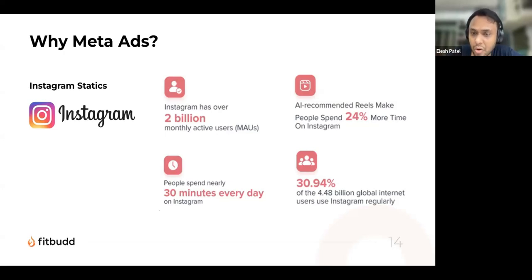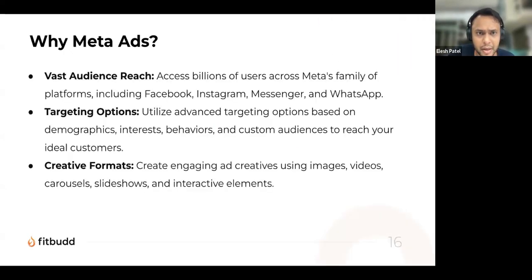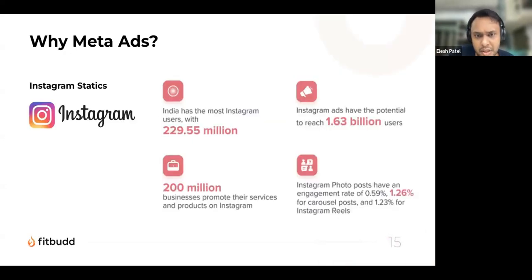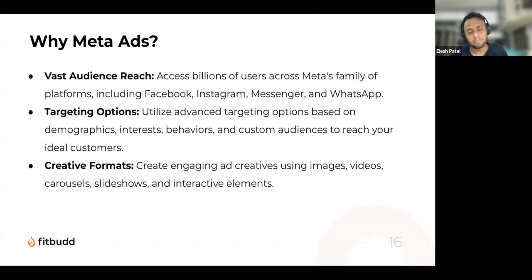They've been changing their algorithm also. Almost 30% of global internet users are on Instagram regularly. So that's a good reason for someone to market on Instagram. These are some statistics similar to Facebook, but all in all, it's a very huge platform which covers almost all your bases.